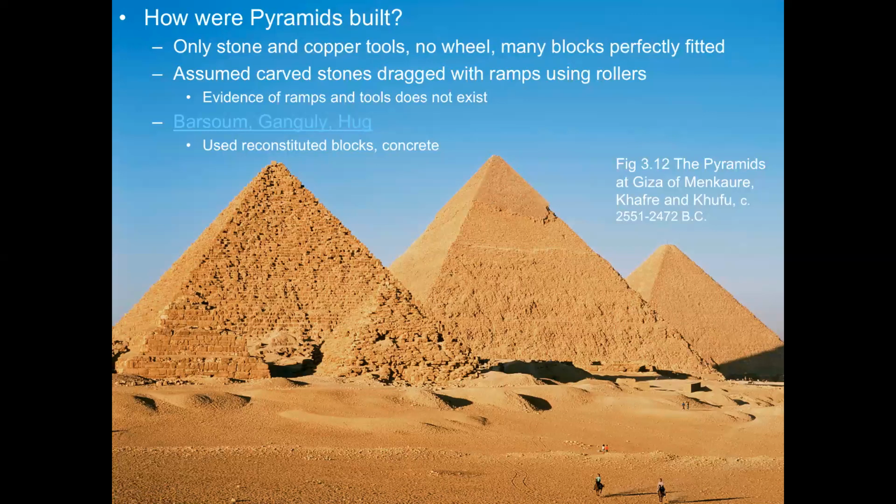And this would be very convenient, because your concrete is basically just rubble, water, and something sticky. So you could bring small bags of rubble and drag them up the pyramid, and then you could have forms where you could pour all of the ingredients together to make these reconstituted blocks.